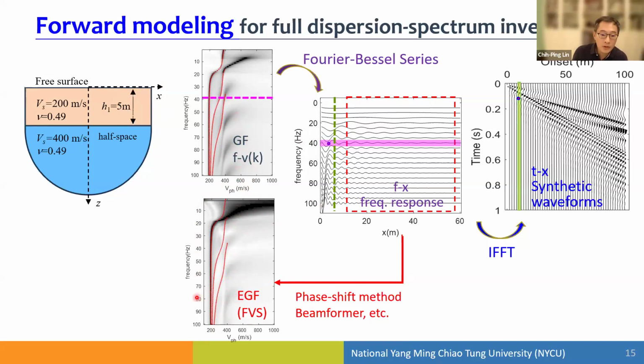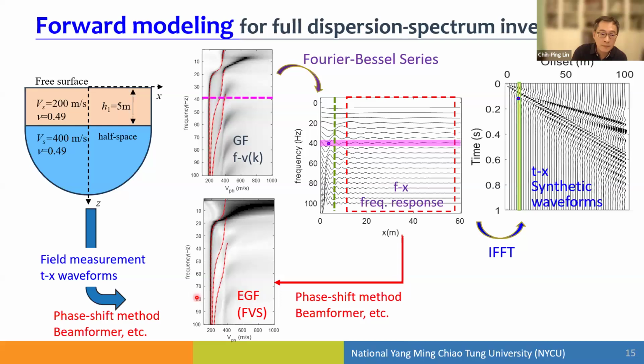So when we perform inversion, we can compute the theoretical FVS, while in the field you take a measurement and compute the experimental FVS. You fit the FVS, taking into account the actual source and receiver locations when you compute the theoretical FVS to fit the experimental one.